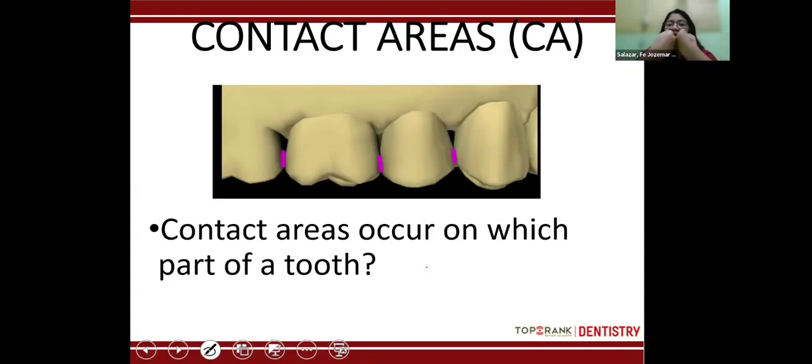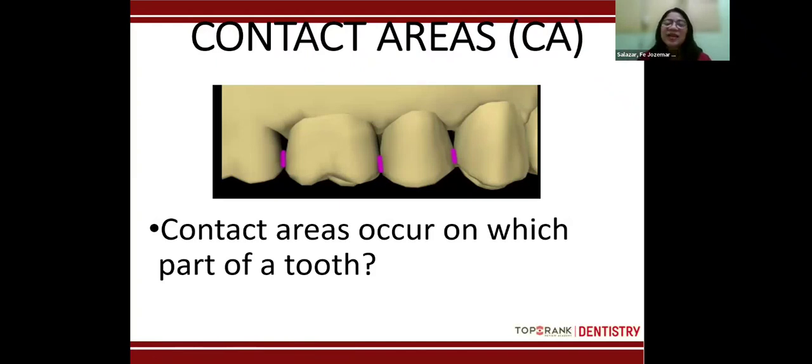Pag pinag-contact natin siya, meron lang part dyan na mag-contact. Yes, you could find it on the proximal surface, mesial and distal, but do you find it on the entire proximal surface? Okay. Very good.